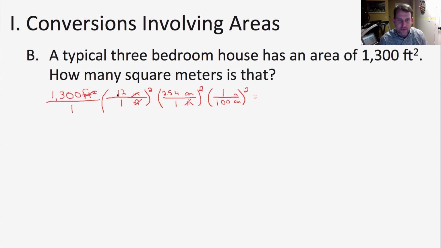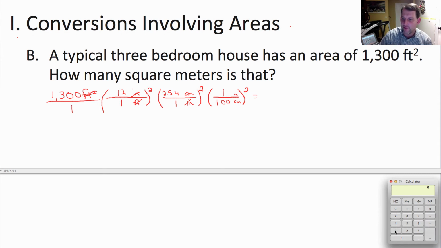So it's 1300 times 12 times 12, or 12 squared. This 2.54 is on top as well, so it's times 2.54 times 2.54, or times 2.54 squared. And then it's divided by 100 squared, so it's dividing by 100 twice. So divide by 100, divide by 100, or divide by 100 squared.